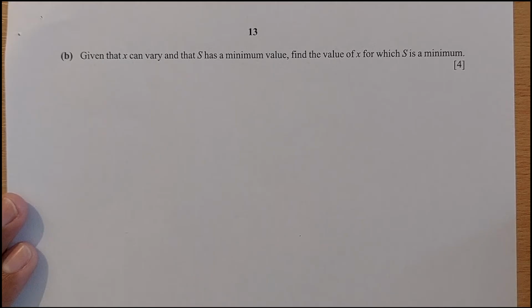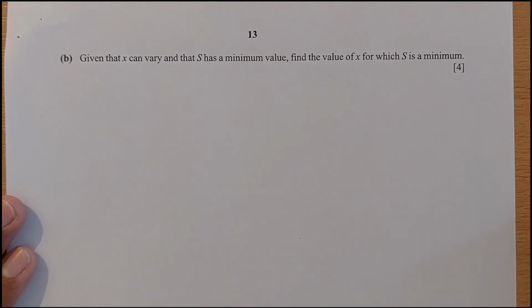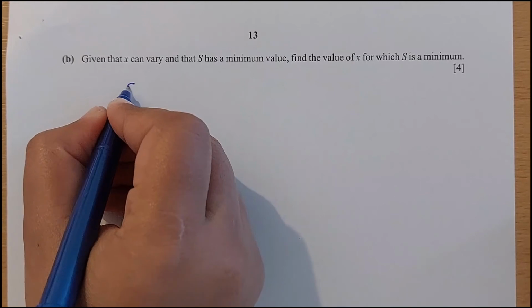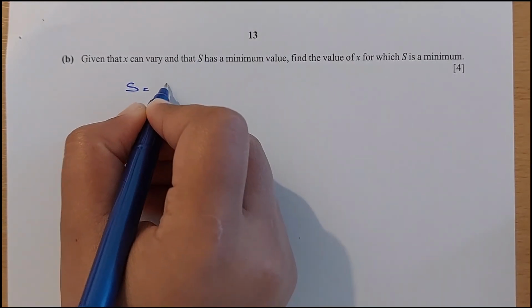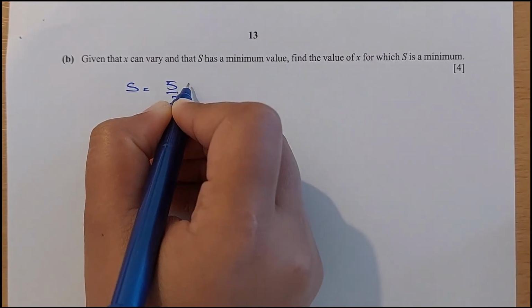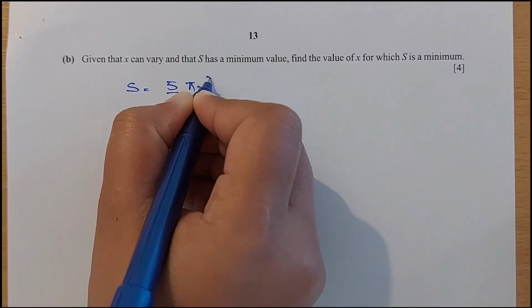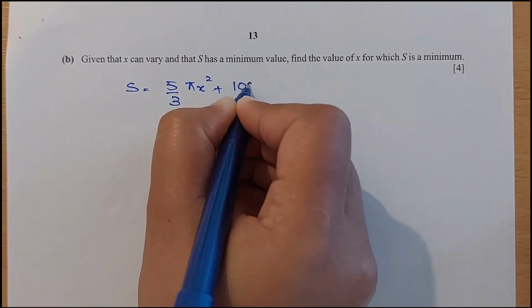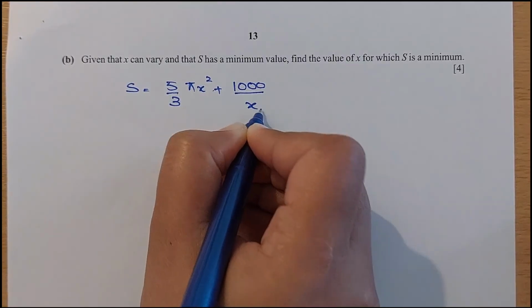Now for part b, given that x can vary and S has a minimum value, find the value of x for which S is a minimum. Okay, so S we got from part a, that is 5 by 3 pi x squared plus 1000 divided by x.